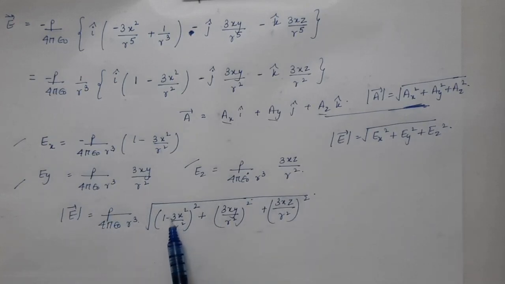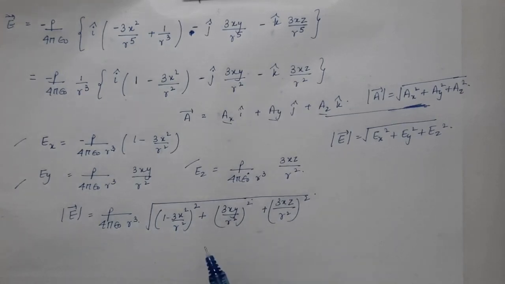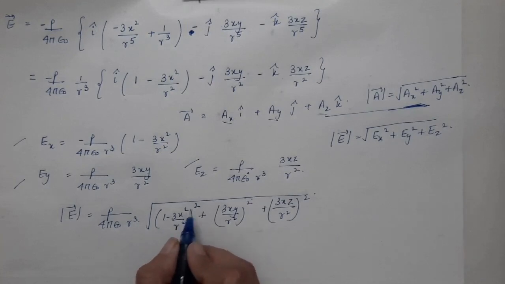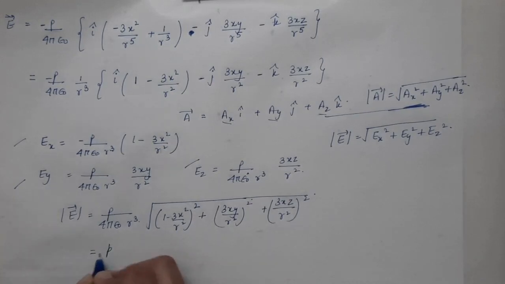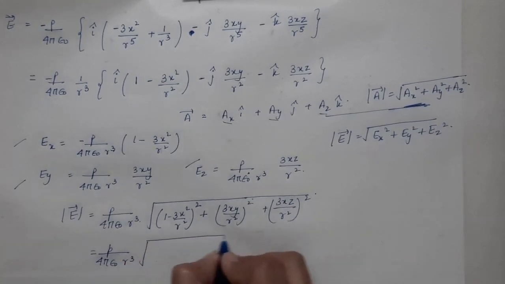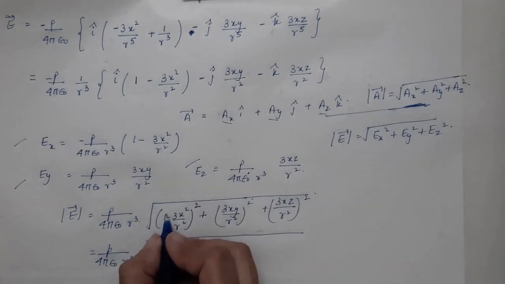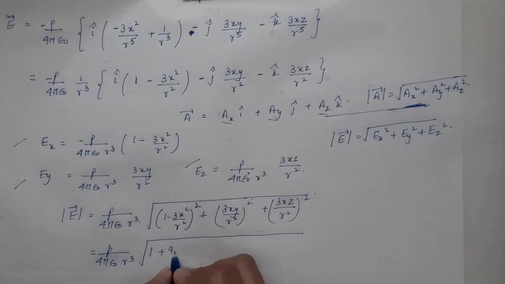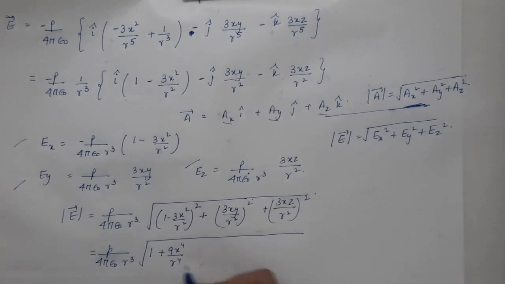So now we are going to solve these terms which are inside the square root. So I will open the first term. Here I have a minus b whole square. So I will get p by 4 pi epsilon naught r cube, it will remain as it is, and inside the under root I will get a square, which is 1. Then we have b square, which is plus 9x power 4 by r power 4.